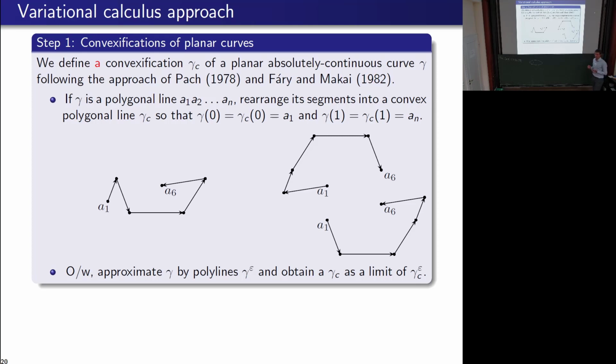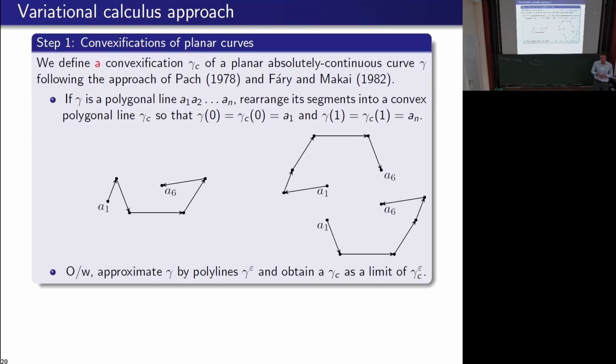And so there are two steps to do. First is to try to do a reduction to convex curves, and then minimize over the convex curves. So let's quickly go through these steps.